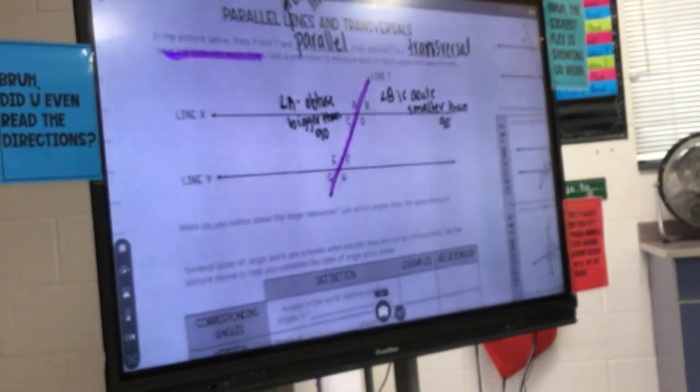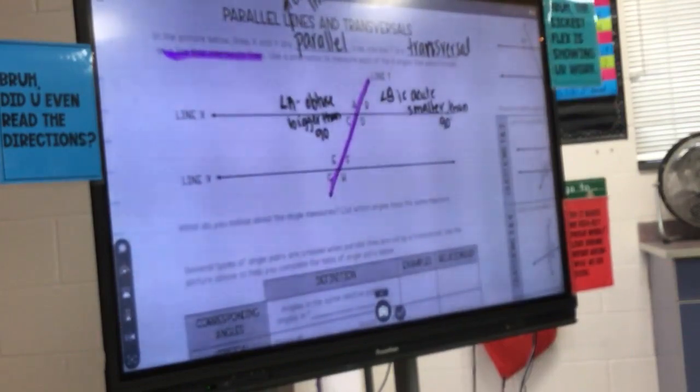What about angle A and angle E? What do we notice about those two angles? Ariana? What's another word that means same or equal to? Starts with a C. Yes, they're congruent. You're going to hear that word a lot today.